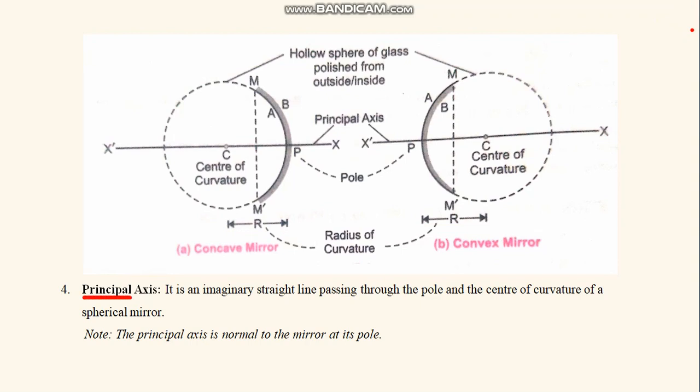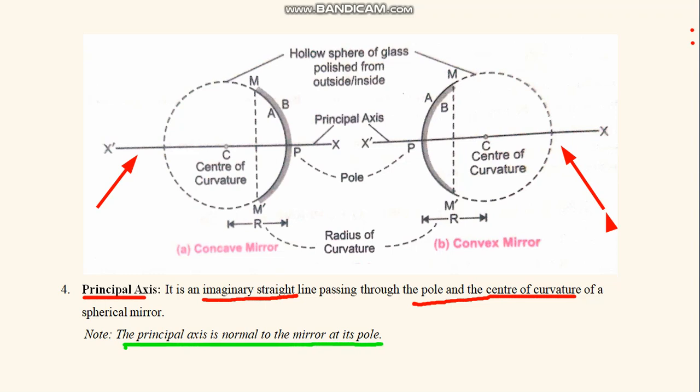Next is principal axis. It is an imaginary line that passes through the pole and center of curvature. In this diagram, the line XX dash forms the principal axis of the concave mirror, and here also XX dash forms the principal axis of the convex mirror. Please note that the principal axis is normal to the mirror at its pole.